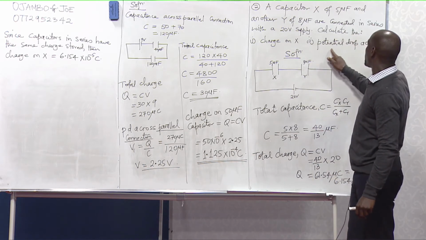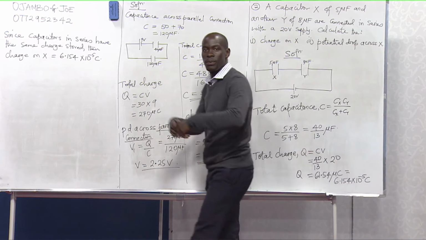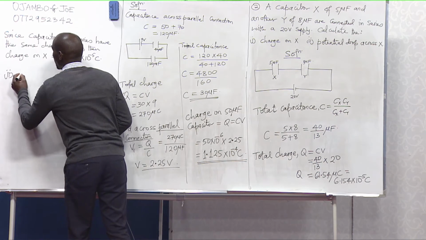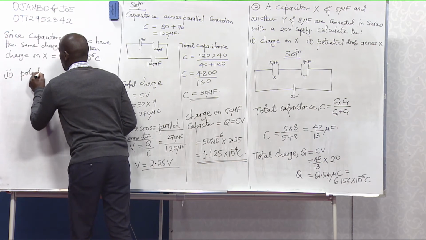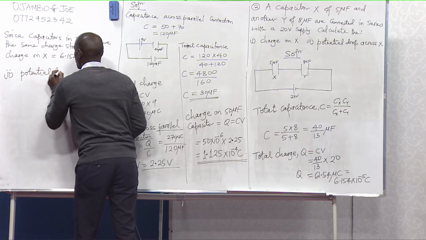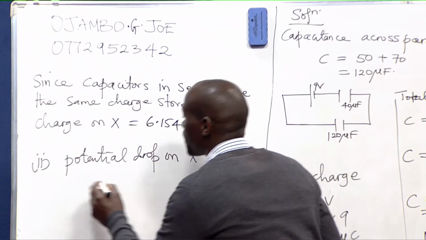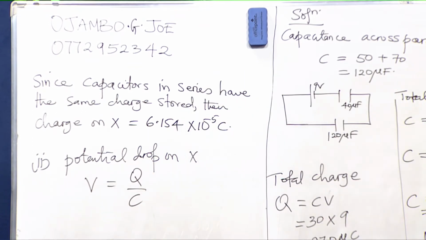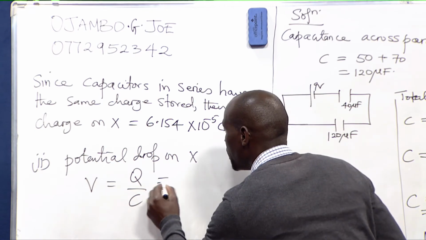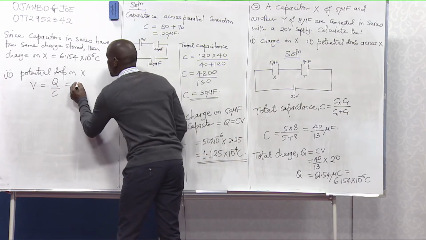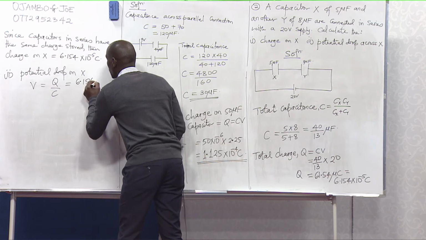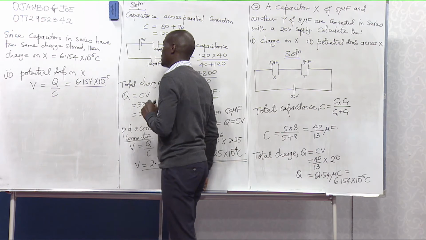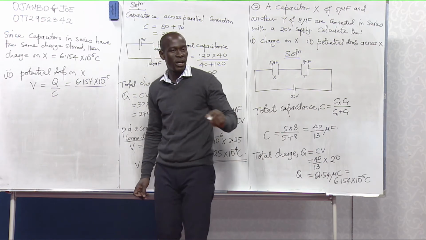Then Roman 2, the potential drop on X. Potential drop is the same as potential difference. So for Roman 2 we shall say potential drop on X, V is equal to Q over C. Is it so? That is what we're going to have. So this is equal to our charge, 6.154 exponent negative 5, divided by the capacitance on X. What was our capacitance on X, class?